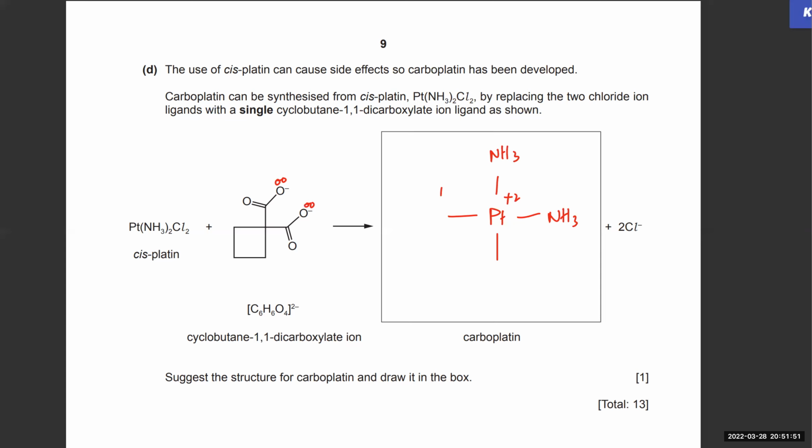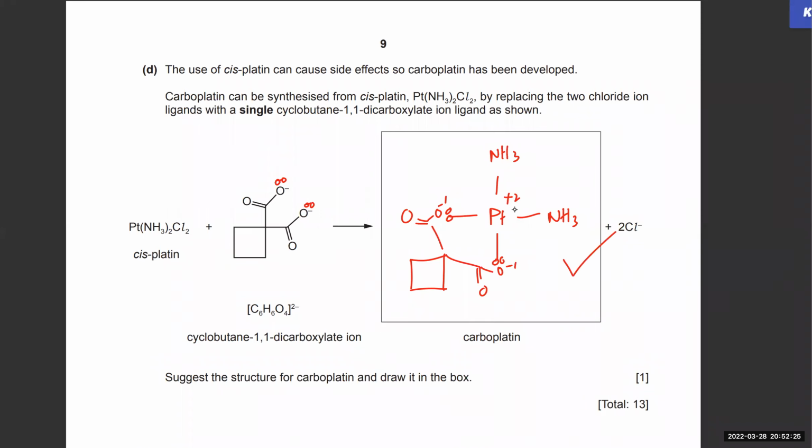By this molecule over here, which is double bond O and O -1. Hopefully I've drawn that correctly. And this one as well, double bond O. So instead of the Cls, this one has displaced both the Cl ligands. That suggests the structure.